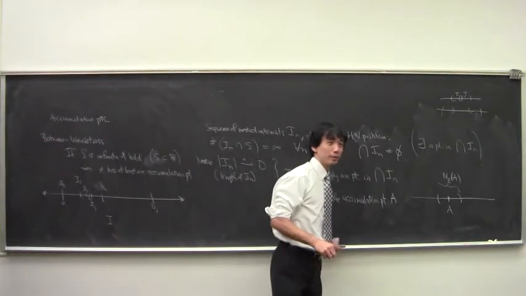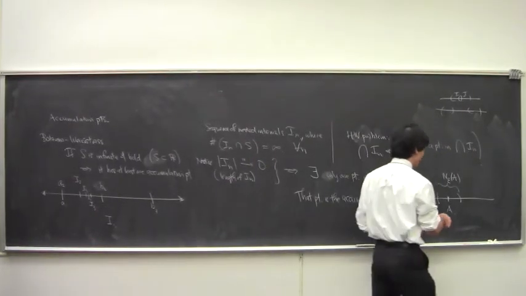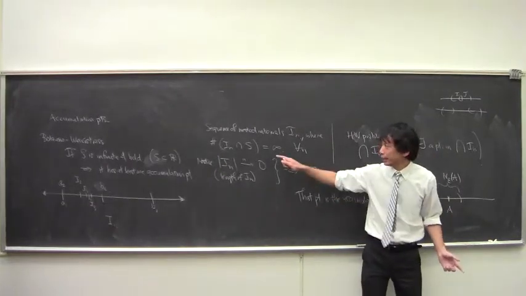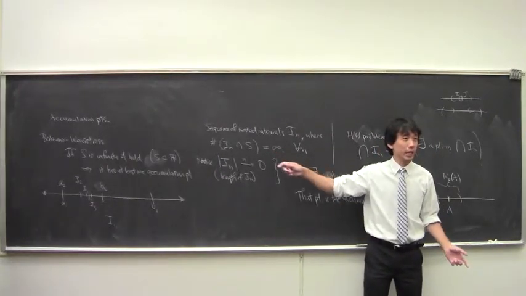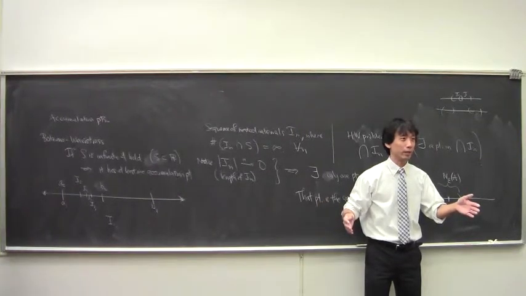Okay. Can anyone say, yeah, Mia? Do you choose the interval that is less than the length of epsilon? Yes, exactly. So you say, well, look, this A is in the intersection of all the I's, and each of the I's has infinitely many elements of S in it, right?